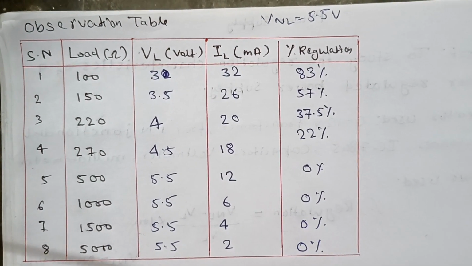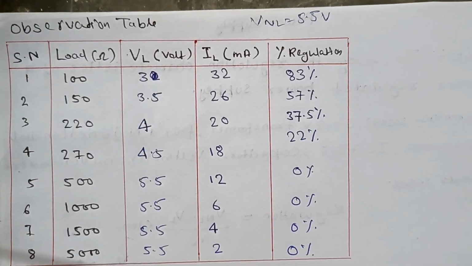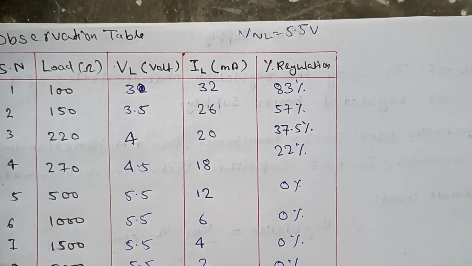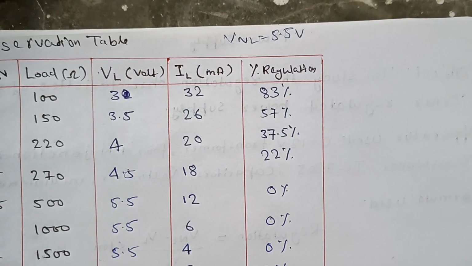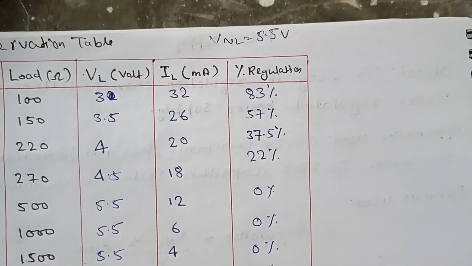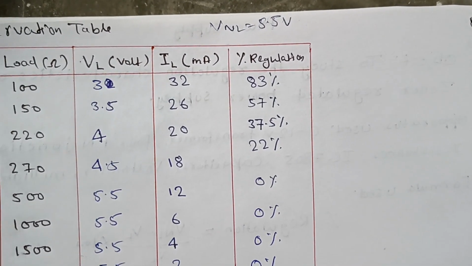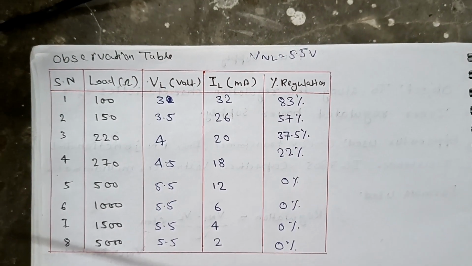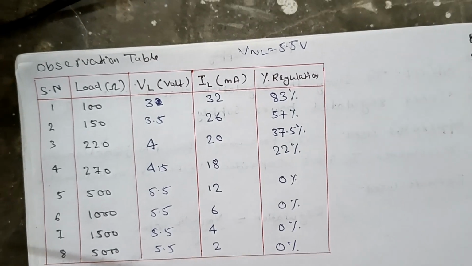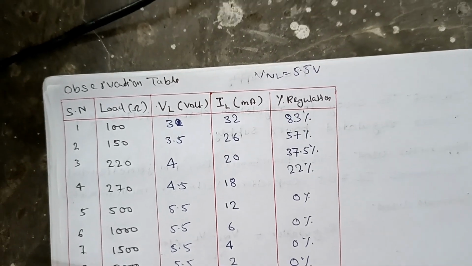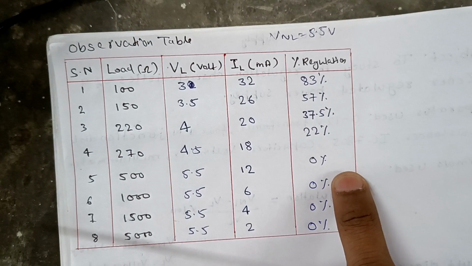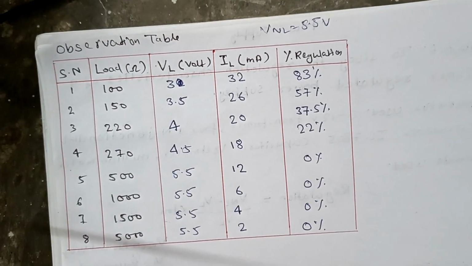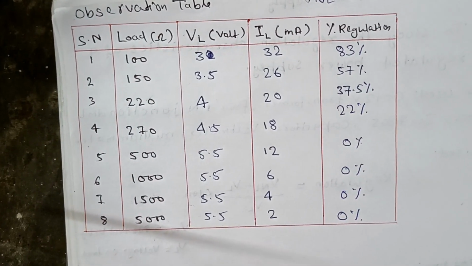Now let's take a look at our observation table. We have recorded the voltage, load current and load resistance for various loads. We have also calculated the regulation percentage. As we can see, the regulation percentage is 0.0000% from 500 ohm.